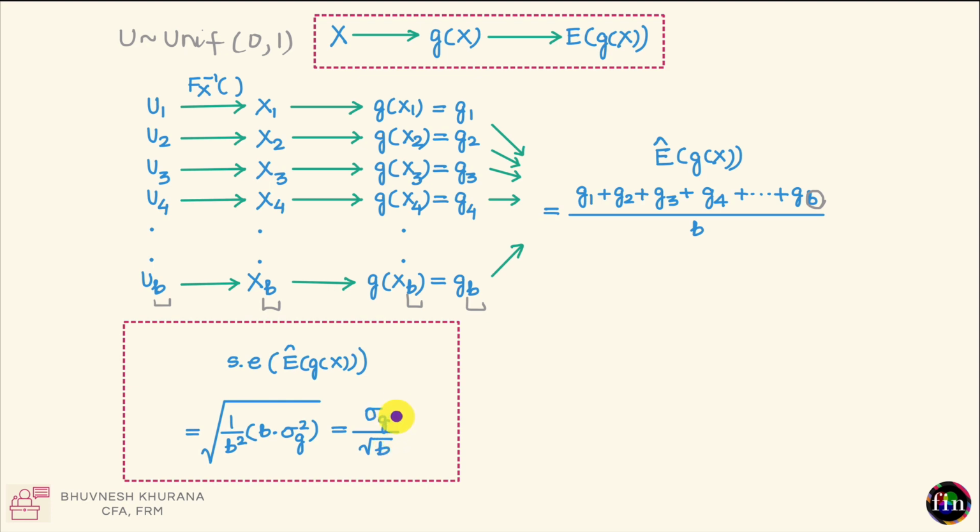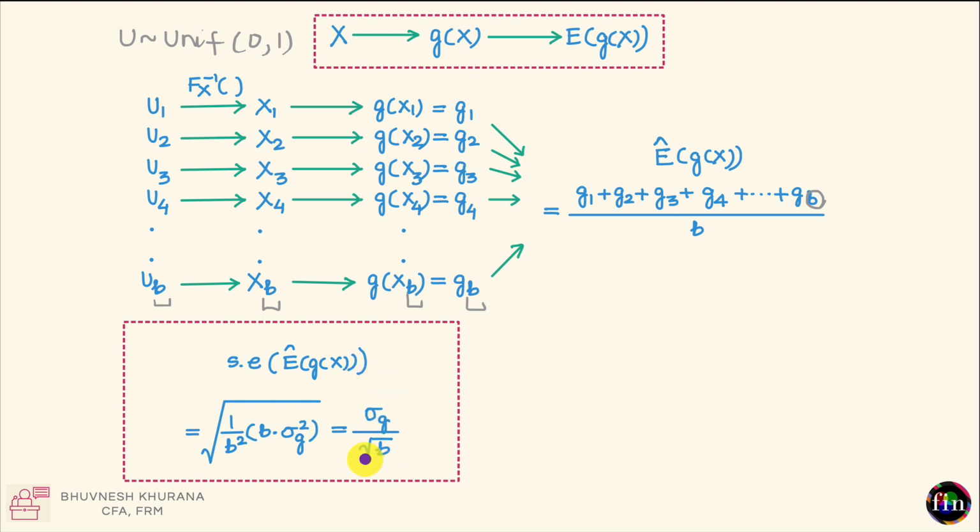So if I want to make this estimator more precise, which means I want to reduce the standard error of this estimator, the simplest way of going about this would be to increase the number of replications, to increase the number of simulations that I have chosen to work with. If b increases, because b is sitting in the denominator, this standard error will indeed come down.